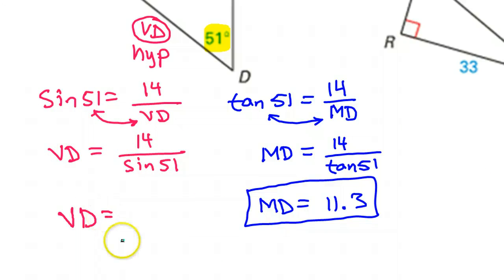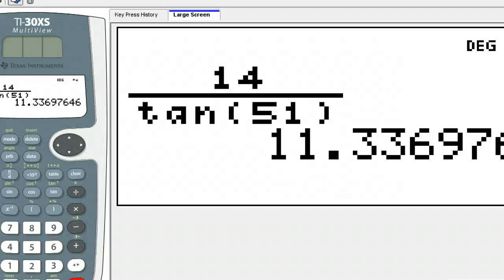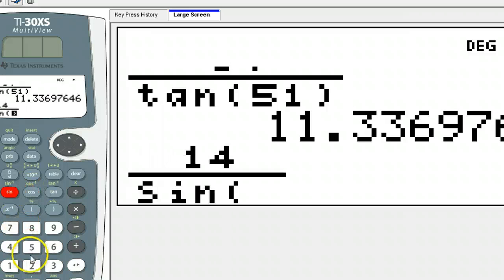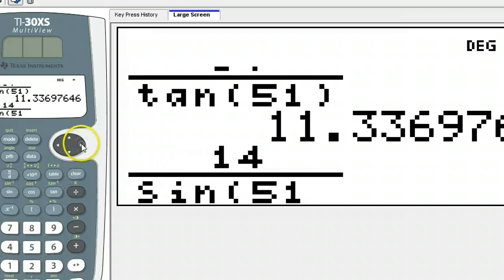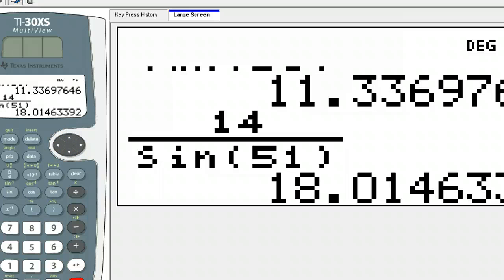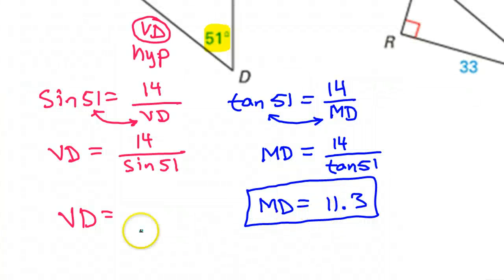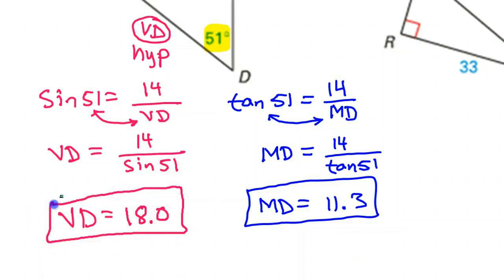You can't skip any of these steps. 18.0. All right, so that is VD.